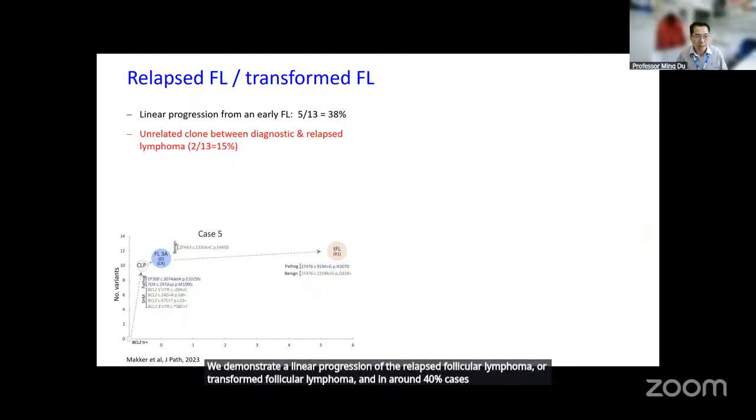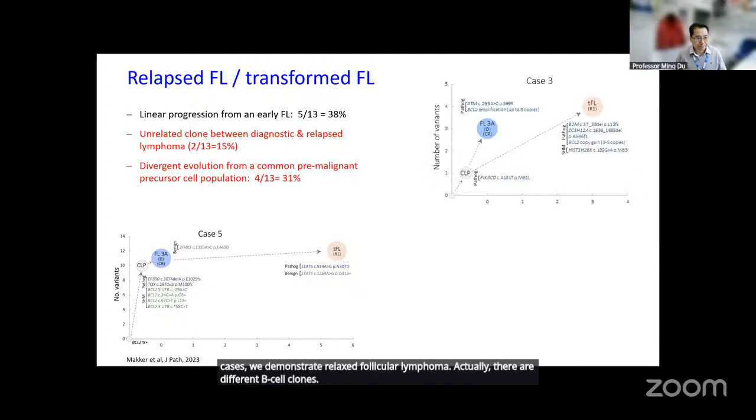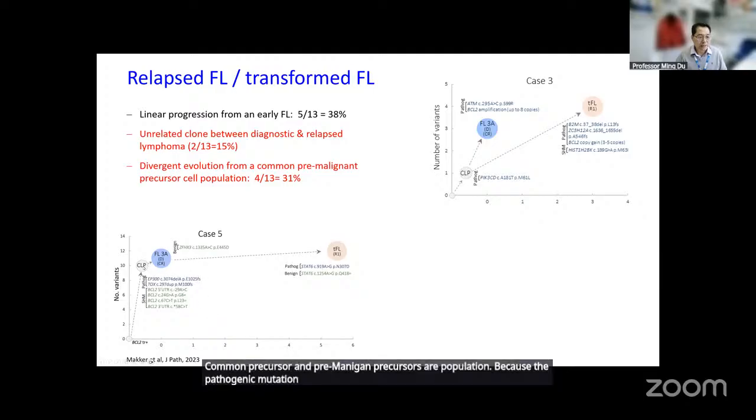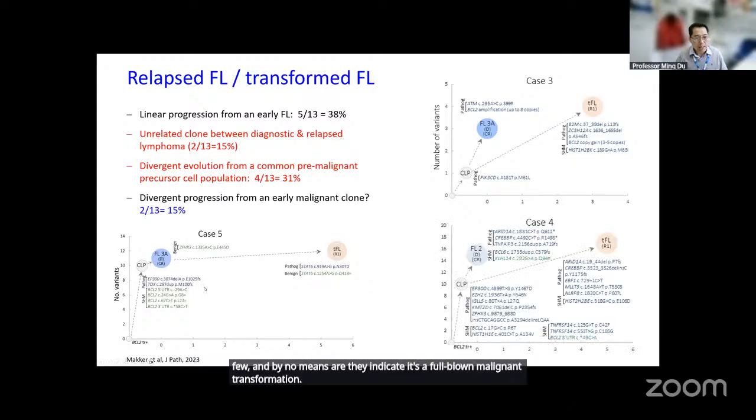And in 2 of the cases, we demonstrate that the relapsed follicular lymphoma actually derived from different B-cell clones. In another 30% of cases, we demonstrate they derive from a common pre-malignant B-cell precursor subpopulation, because the pathogenic mutations predicted in the common lymphoma precursors are really very few, and by no means indicate a full-blown malignant transformation.